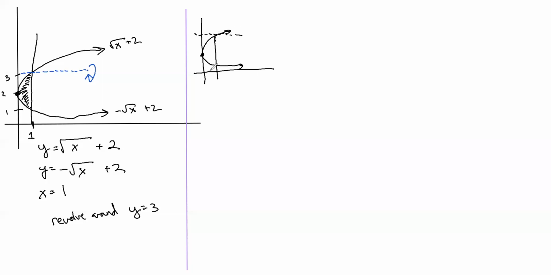This would involve taking a slice at a given x value, taking this piece and revolving it around that axis of revolution. And notice, because this is perpendicular to the axis of revolution, this is going to give us a disk, a washer in this case. We're going to get this washer as a result. So we can go ahead and pull out the washer and take a look at it.